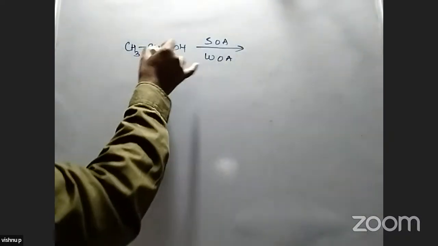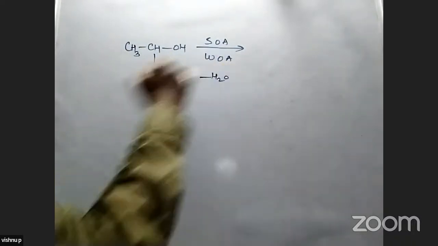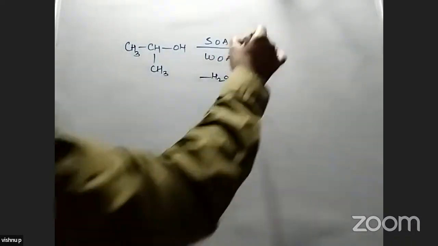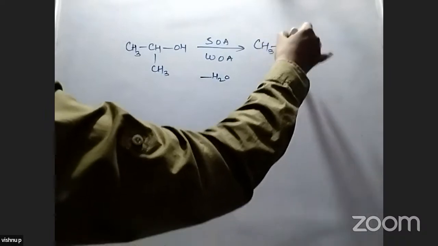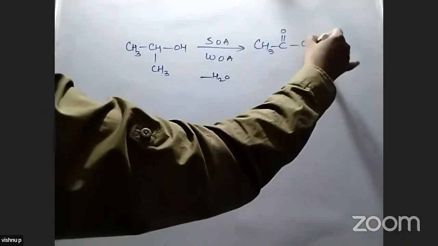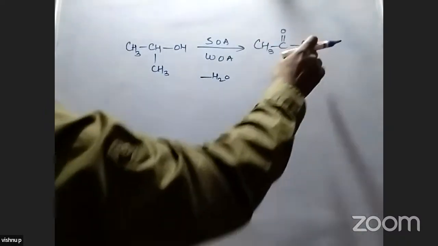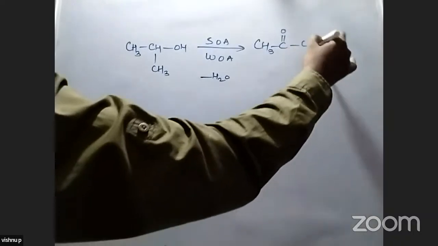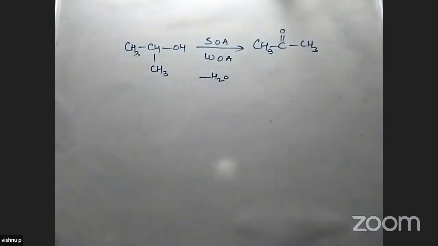In the first step, two hydrogens are separated out, H2 is separated, and a ketone is formed. Further reaction is possible only at extreme conditions of temperature and pressure. So when a secondary alcohol reacts with an oxidizing agent, it is converted into a ketone.